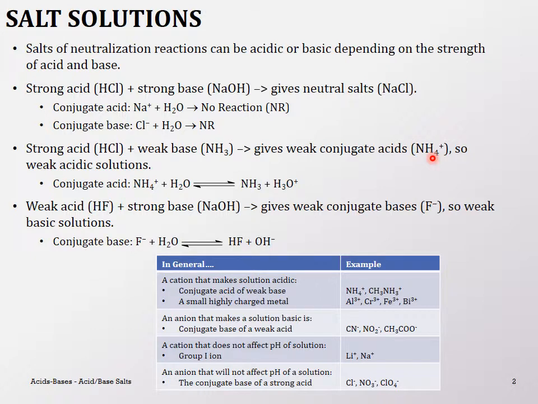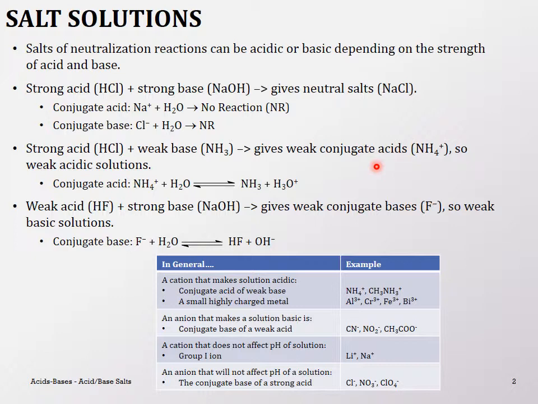Remember that from when we learned about conjugate acids and bases. A strong acid will give you a weak conjugate base, which was the theory behind the strong acid, strong base case too. But here it is a little more obvious because we're dealing with a weak base. So weak bases give stronger conjugate acids.